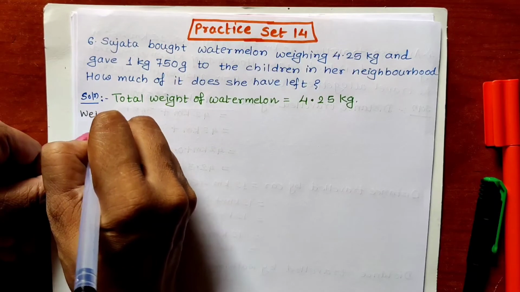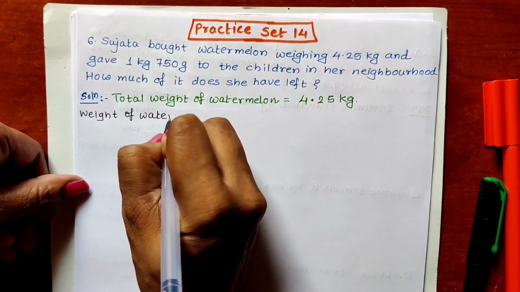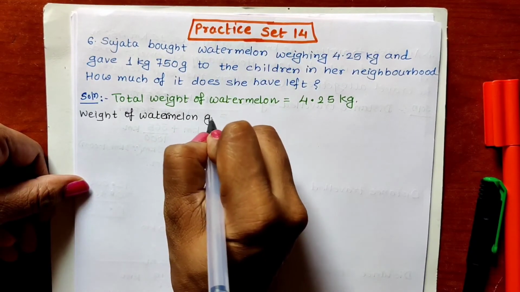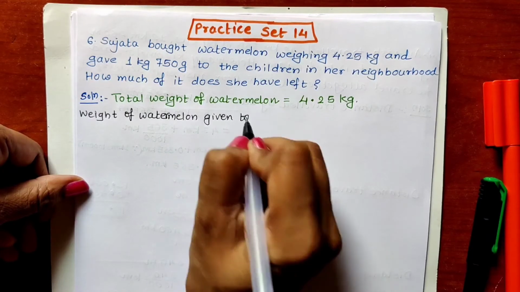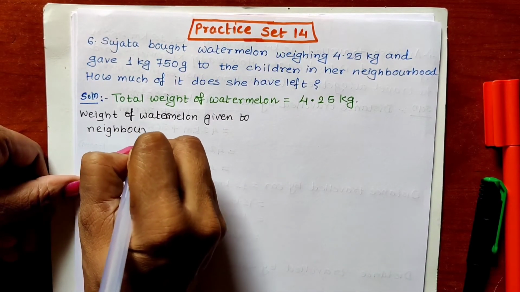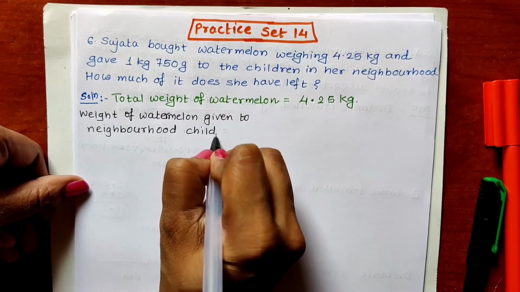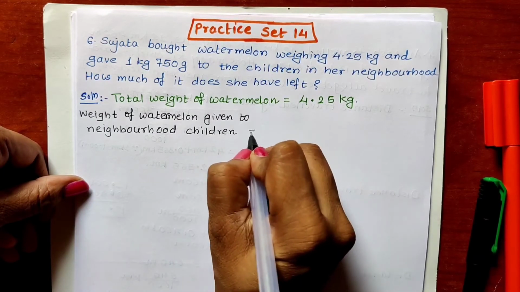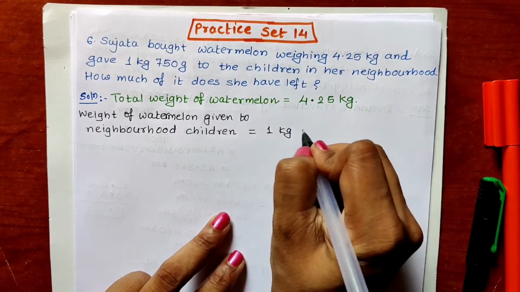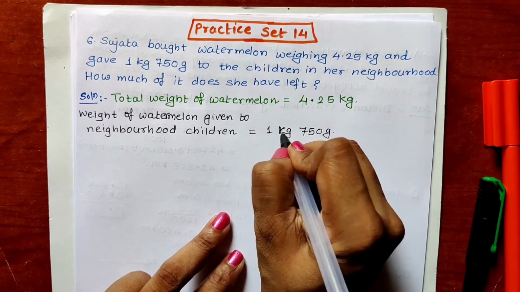Weight of watermelon given to neighborhood children. How much watermelon did she give to the neighborhood children? 1 kg 750 g. How to convert it into decimal fraction?